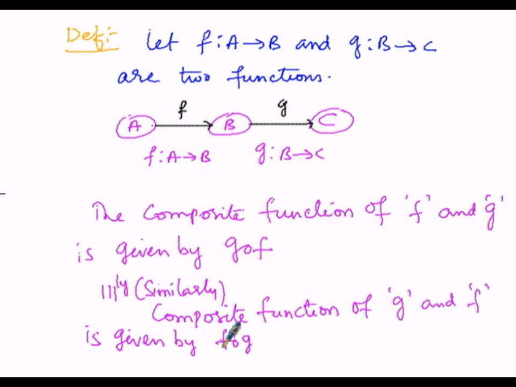So g of f will be from A into C. Here we have confirmed that in order to find g of f, first we take f and then g. So f is from A, then g to C. Therefore g composite f will be given by A into C.